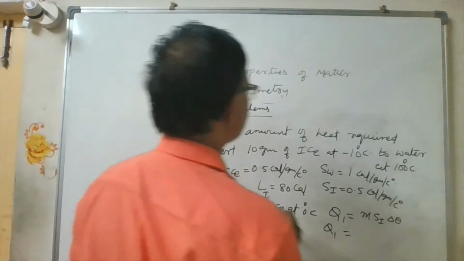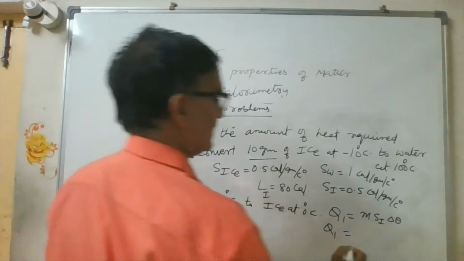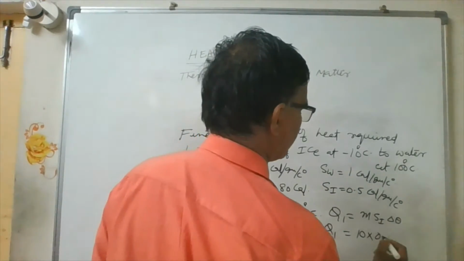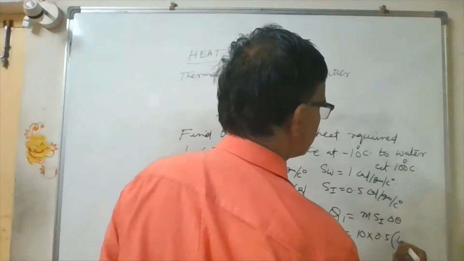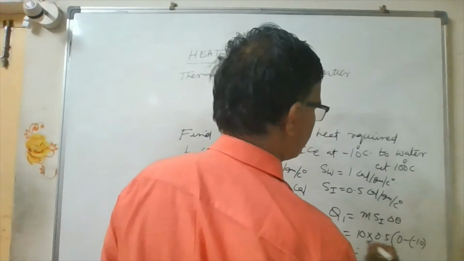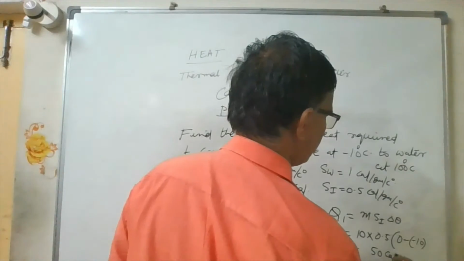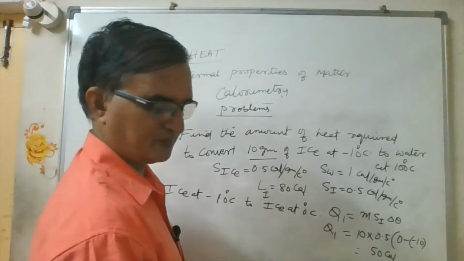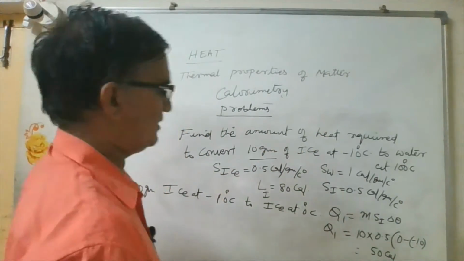What is the mass of ice given here? 10 grams. 0.5 into 0 minus of minus 10, that is how much here? 5. So 50 calories first. You got first 50 calories.